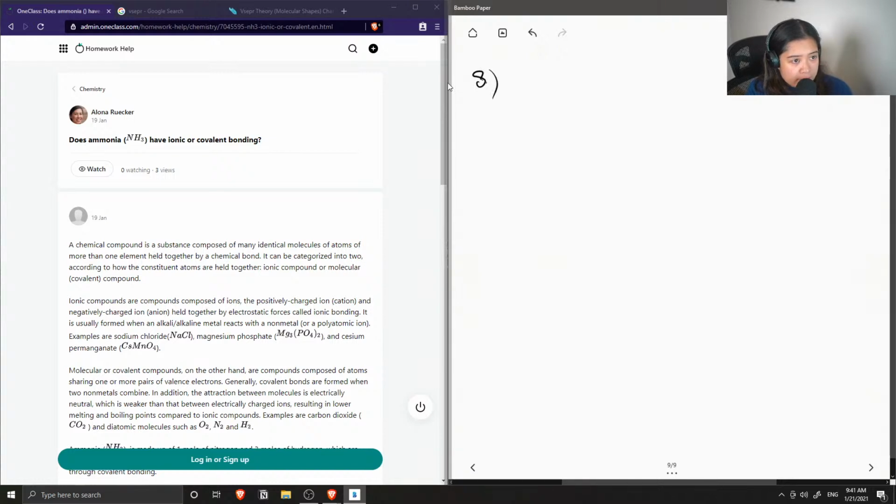Does ammonia, which is NH3, have ionic or covalent bonding? So when we have an ionic bond, this is between a metal and a nonmetal.